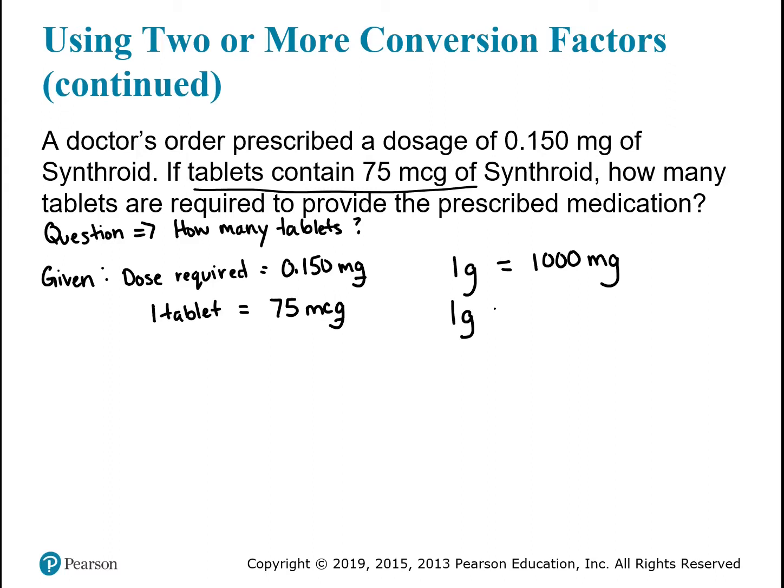We also know that 1 gram is equal to 10 to the 6th micrograms. This is the same thing as 10 to the 3rd. Make sure I give you scientific notation too. With these two, we can put them together and say 10 to the 3rd milligrams is equal to 10 to the 6th micrograms.